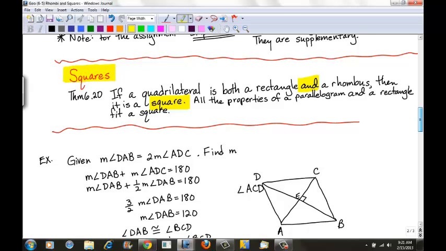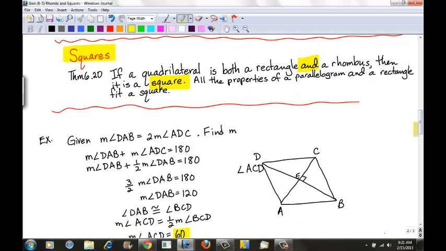Now I want to look at one example. Draw the picture out at the side. Label this as A, this is B, this is C, and this is D. And E is in the middle, and this is a right angle.